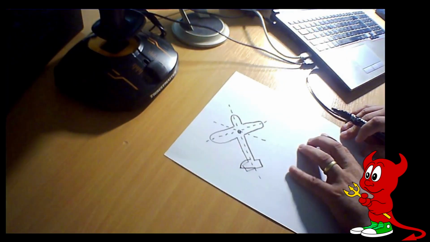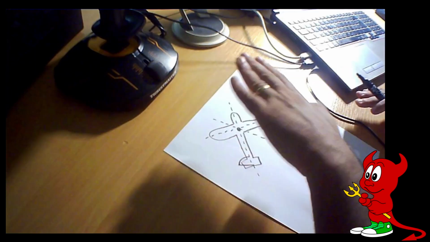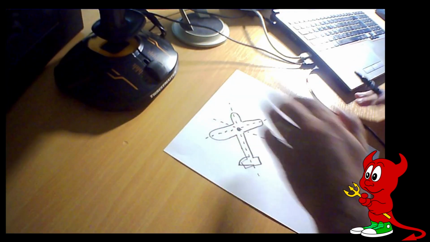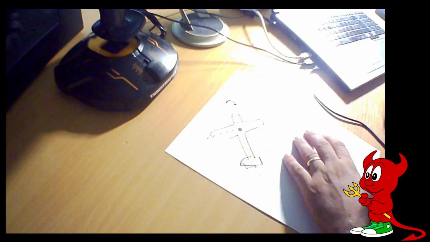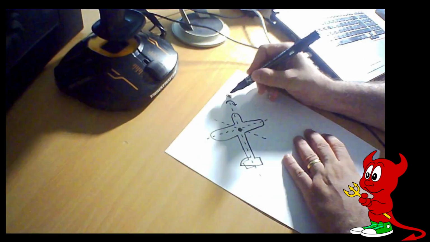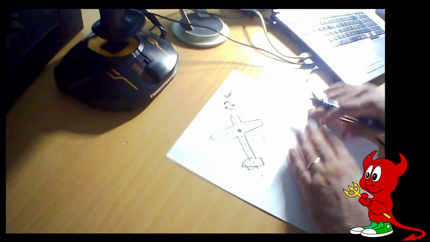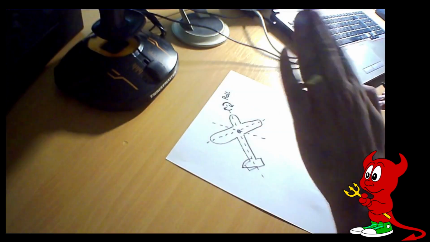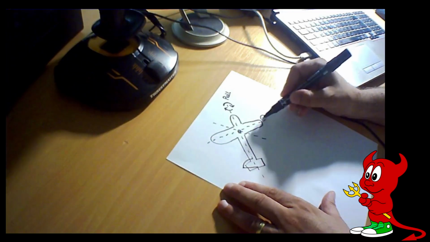So according to the picture we had before, if the airplane goes like this, if it is tilting on this axis, we are talking about rotation here, and we're talking about the roll. If the airplane does like this, up and down, we're talking about the pitch.